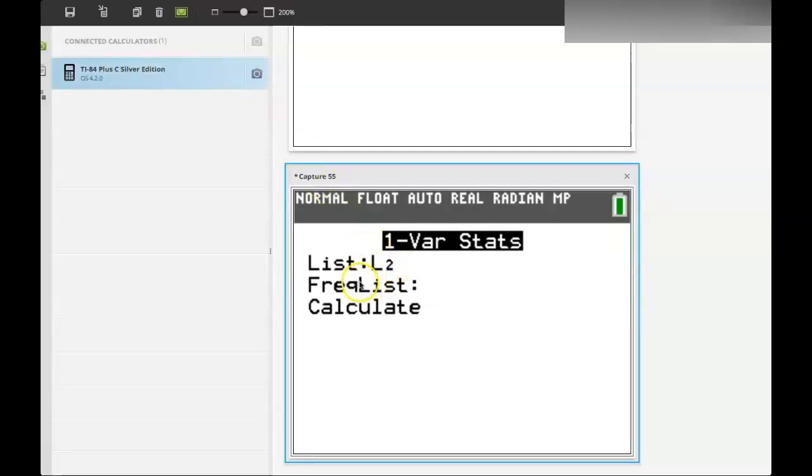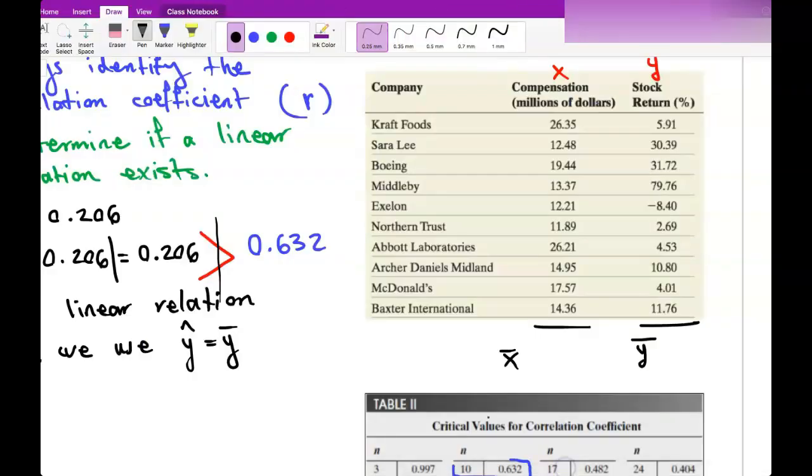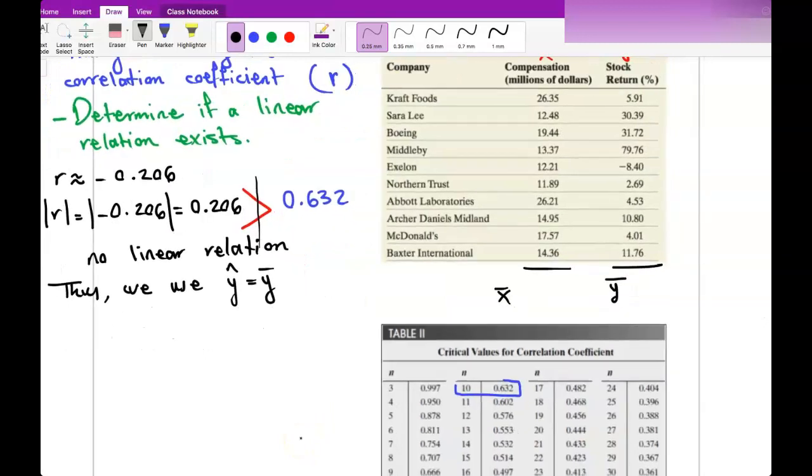So Y bar is equal to 17.317. I'm not going to use the X bar one, but I'm writing it. We need 17.317.